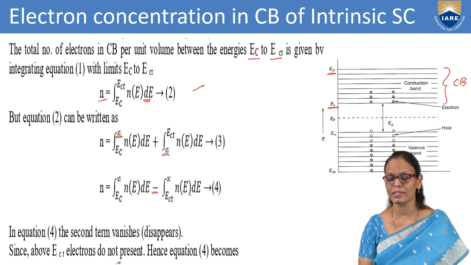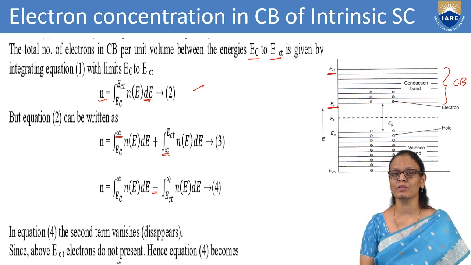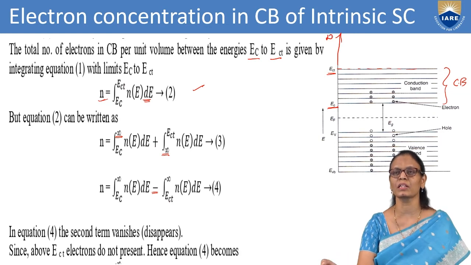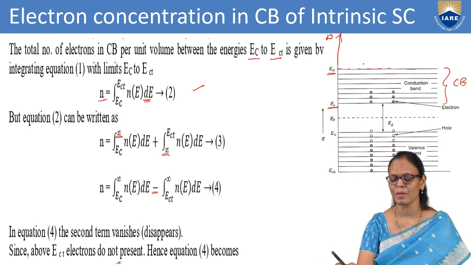Why am I doing this? If I am talking about the number of electrons in the region Ec top to infinity, the highest band is Ec top, and above this we have till infinity. Suppose there are energy bands. Are there any electrons in this region above Ec top till infinity? Any electrons here?